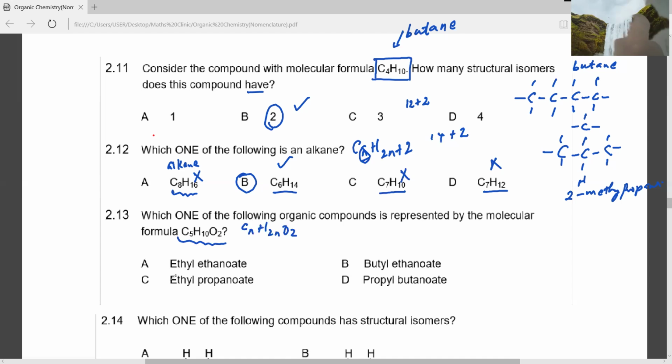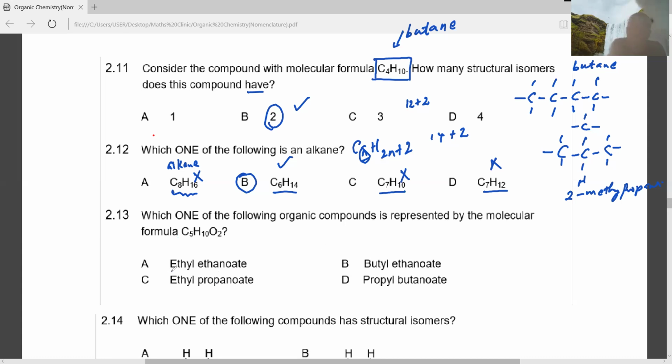But when we look at this, it says ethyl ethanoate, ethyl propanoate, butyl ethanoate, propyl ethanoate. You see, they all have -oate. So these are esters. So we want to check which one has this molecular formula. Straightforward. Let's write down the molecular formula of each. Then we'll be able to tell.